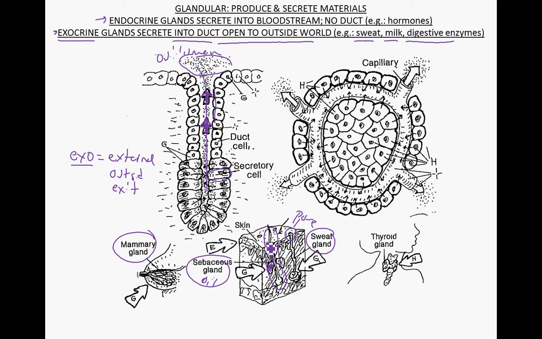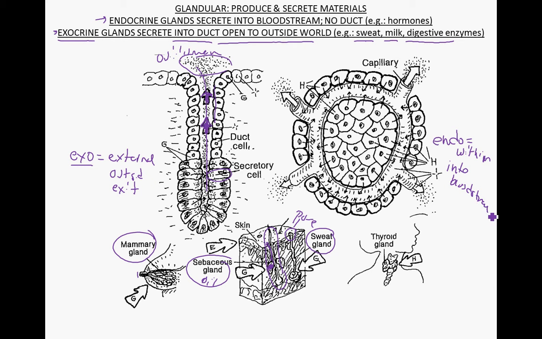We're going to contrast that with an endocrine gland. The endocrine gland is shown over here. So endo is within, or inside of. The secretion here goes into the bloodstream. It never leaves the body.